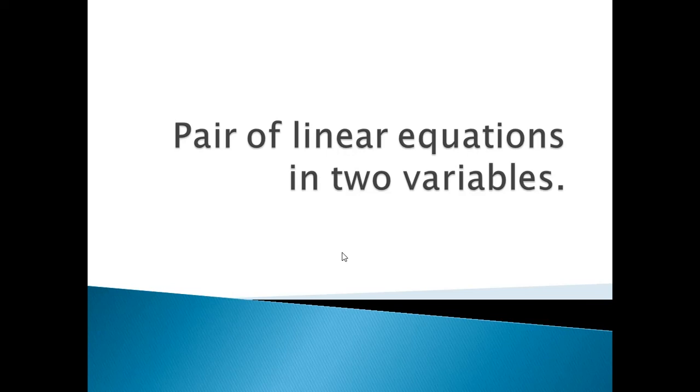So the total sum of those two is 150 rupees, which means we have to add those two. We are getting 2x plus 3y is equal to 150. Like that, we are making equations in our daily life, and we have to find out the solution for x and also for y. There are always two solutions for a pair of linear equations. So here it is a simple example for you.